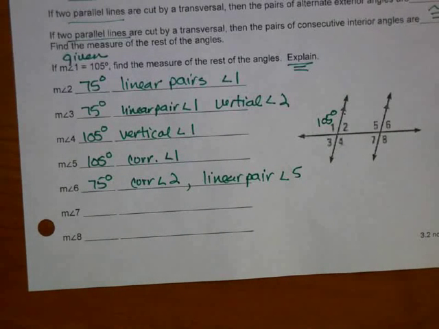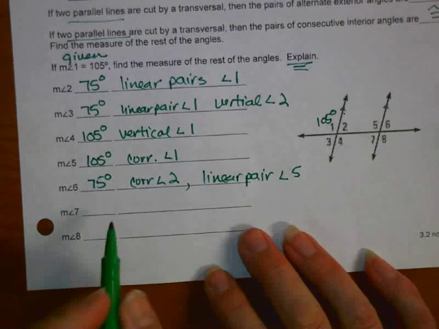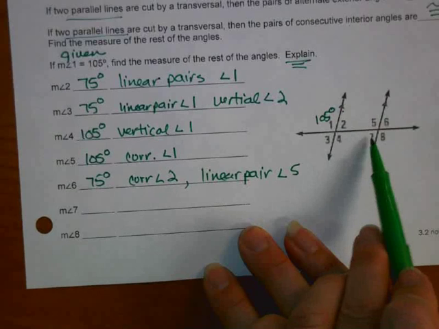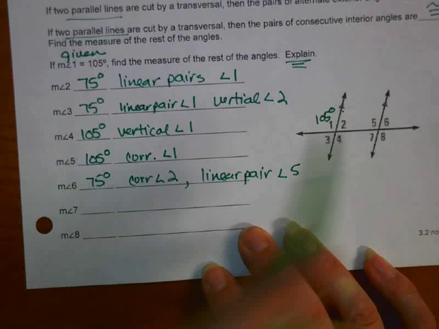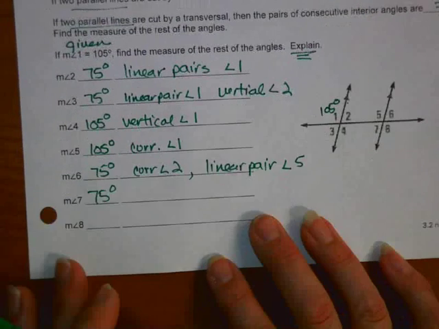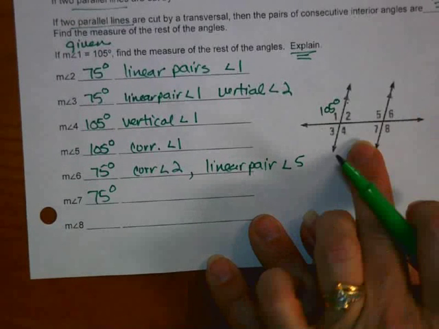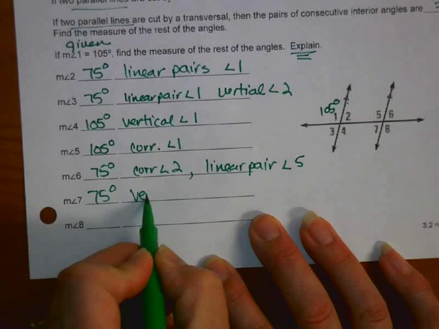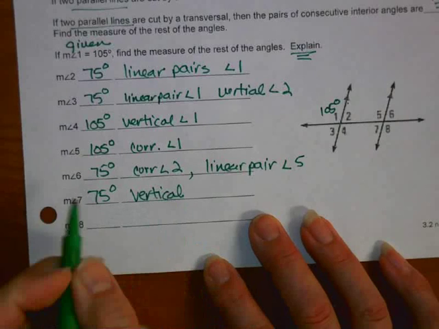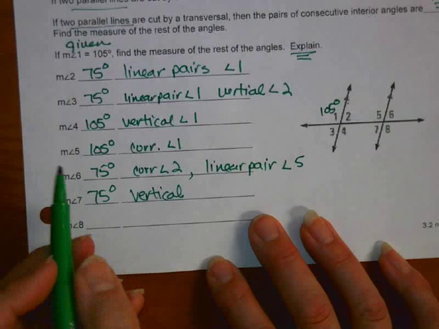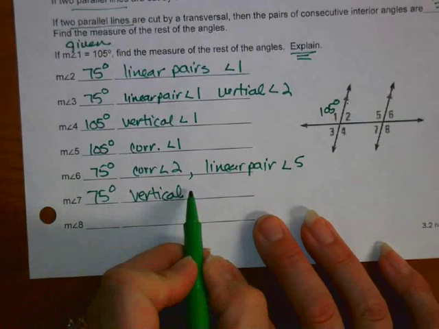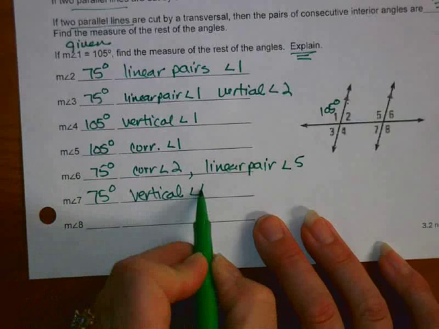All right, the measure of angle 7. How big is angle 7? 75. And how do you know that? It's vertical with angle 6. And we can't relate it to angle 1, but we could relate it to angle 2. How could we relate it to angle 2?